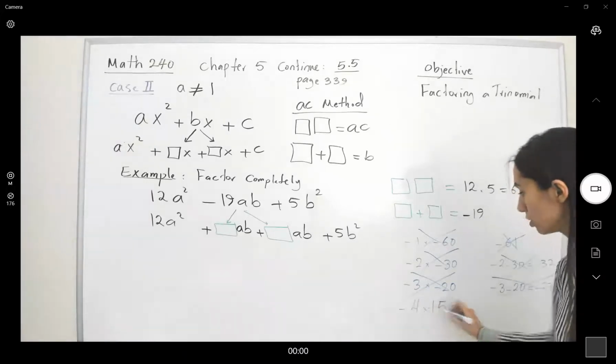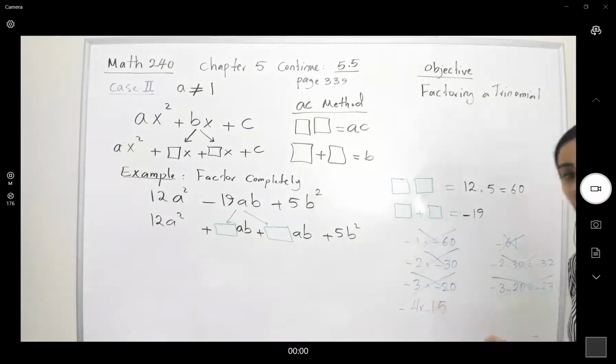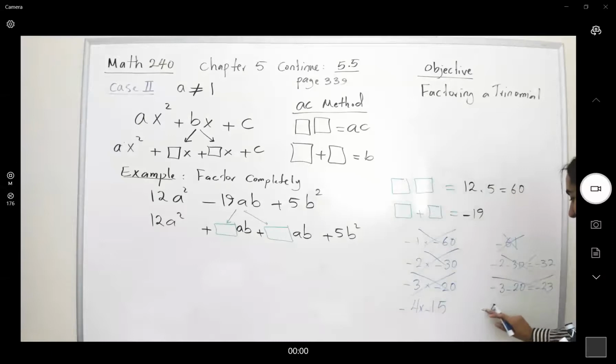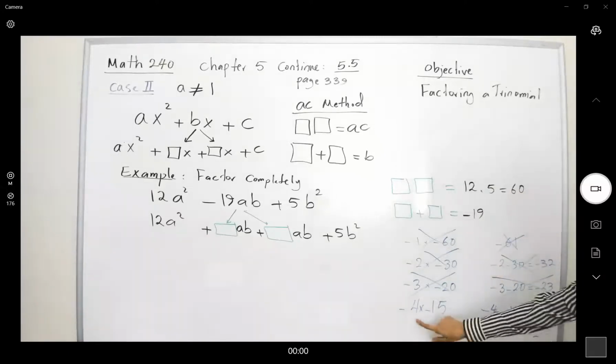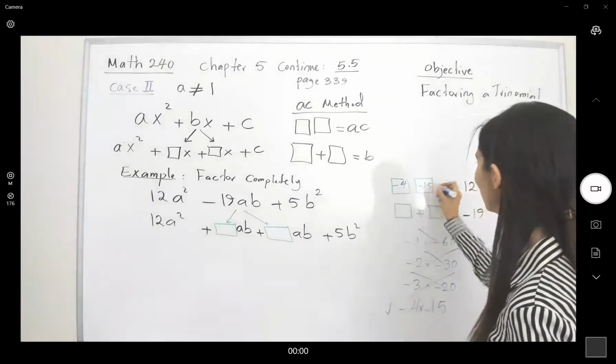Negative 4 times negative 15. Am I getting closer? Negative 4 times negative 15 is positive 60. If I add them together, I have negative 4 minus 15, which is negative 19. Yes, we found negative 19. So the missing numbers are negative 4 and negative 15.